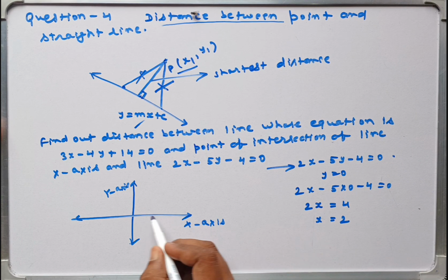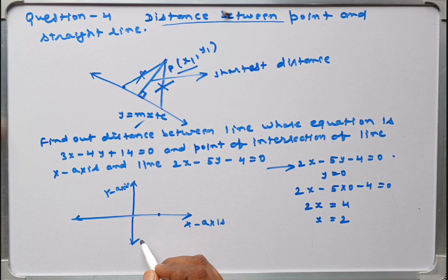So you can say this line will cut the x-axis at point 2, 0.